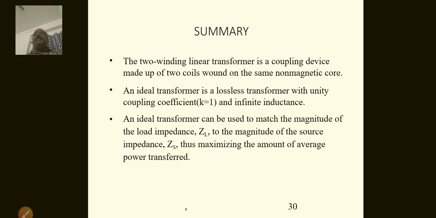Then it is lossless, because M is equal to K root L1 L2. If the K value is maximum, then that is the lossless ideal transformer. An ideal transformer can be used to match the magnitude of a load impedance to the magnitude of the source impedance. Thus the maximum amount of average power is transferred.